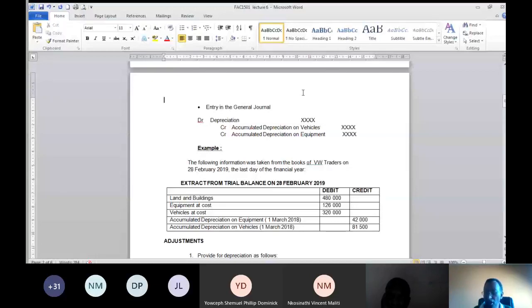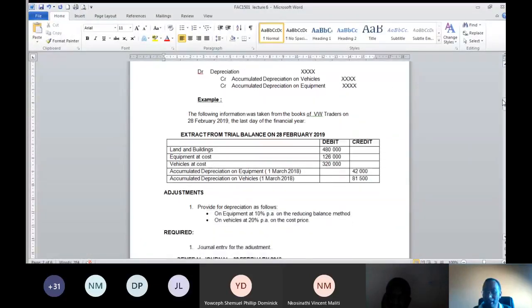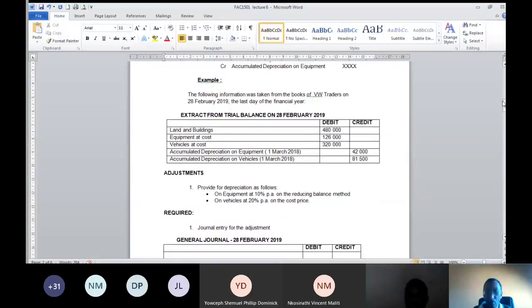Accumulated depreciation is all the depreciations over the period added together. That is called accumulated depreciation. So guys, I'm going to explain this now, the journal entry and the calculation, by referring to the example that you have got there.